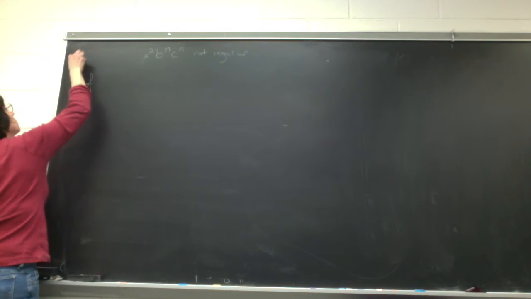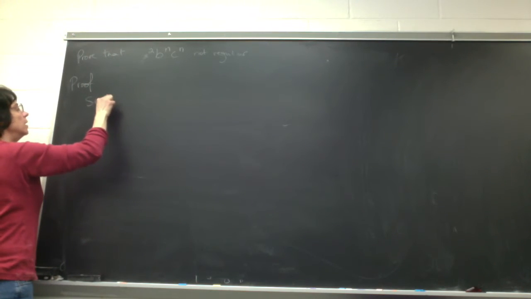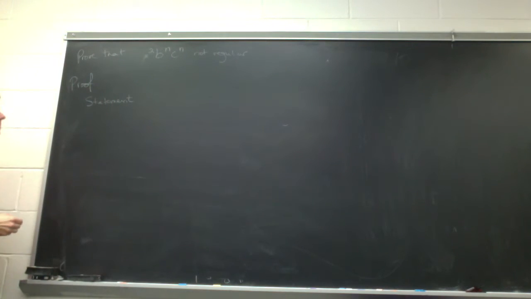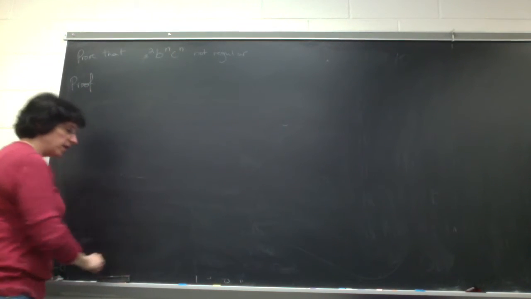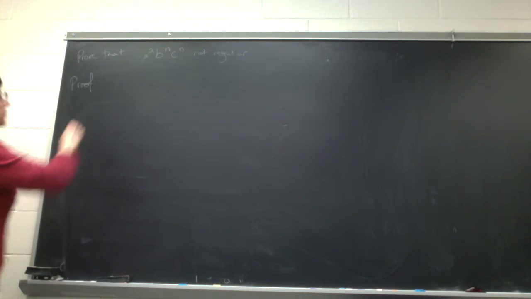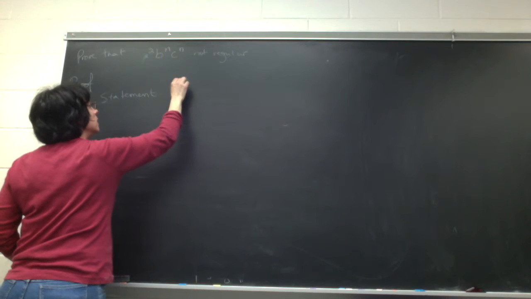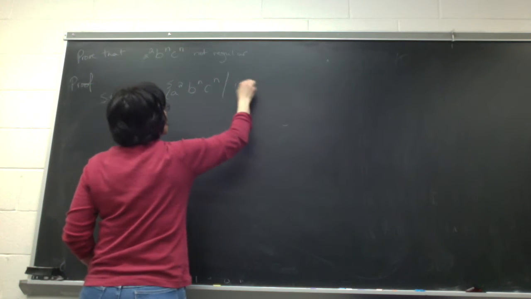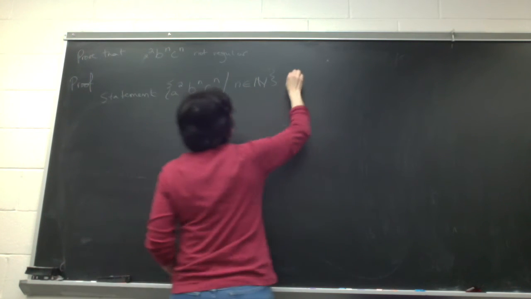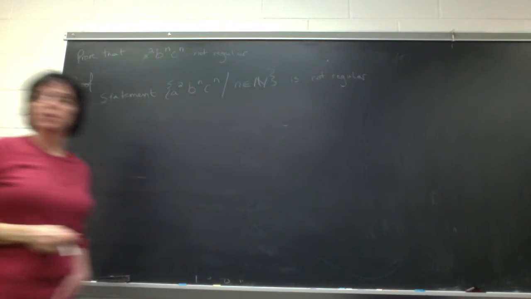I start with the statement: a squared b to the n c to the n is not regular. So that's my statement.